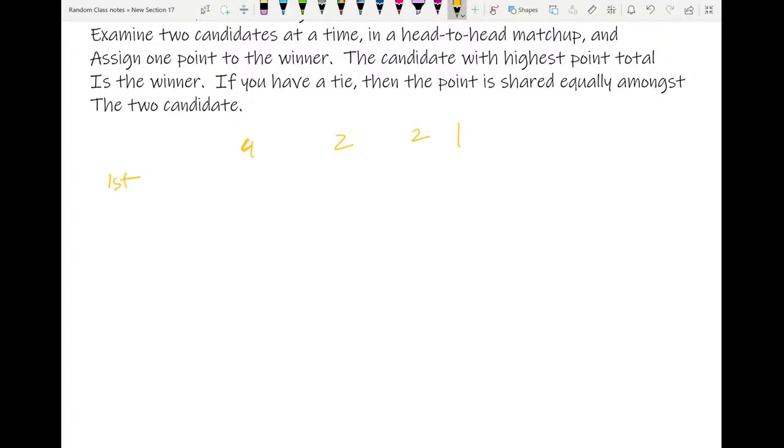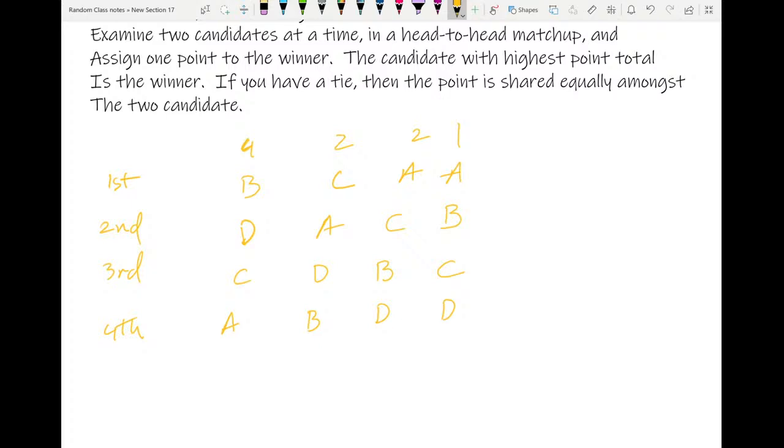You have first, second, third, fourth. B, C, A, D, A, C, B, C, D, B, C, A, B, D, D.